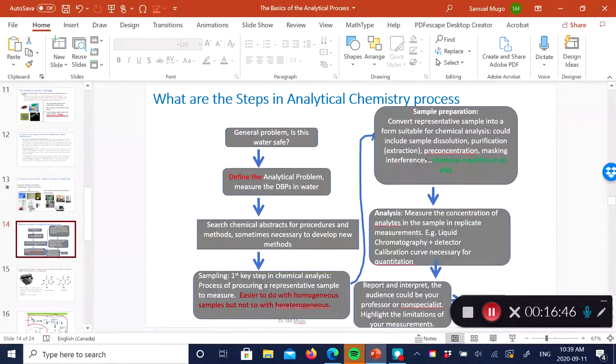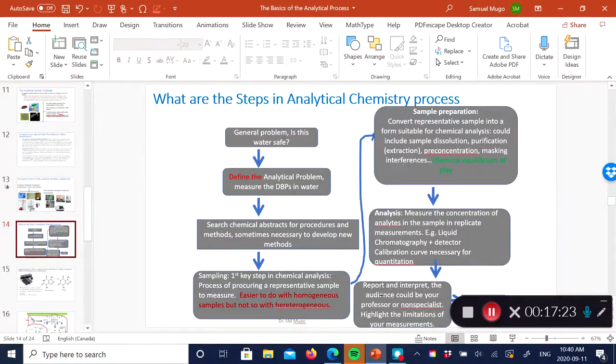So you have to think about the nature of the compound you're analyzing, so that you can get a good method to extract it. So you do that, and the next step would be the analysis using the analytical method of choice. There could be liquid chromatography, depending on the problem. There could be AAS, atomic absorption spectrometer, depending on the problem, and so on. And so as an analytical chemist, you need to know what is the best analytical method for the detection of the analytes that I'm looking for.